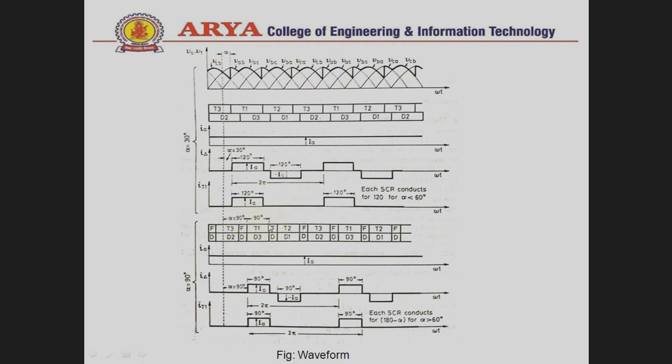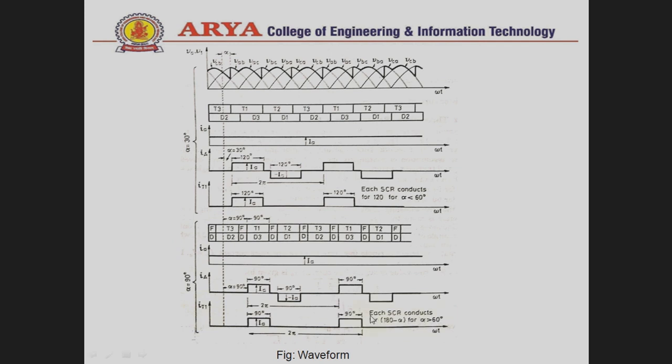That's why in this gap of 30 degrees the freewheeling diode will be working. And this is a waveform related to the armature current, phase current, and the thyristor current.